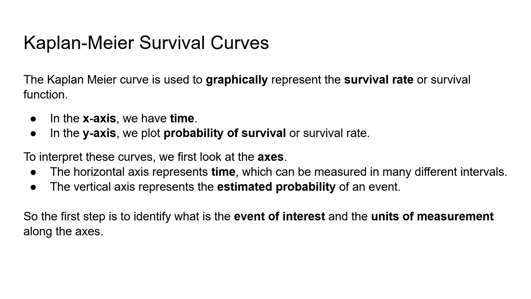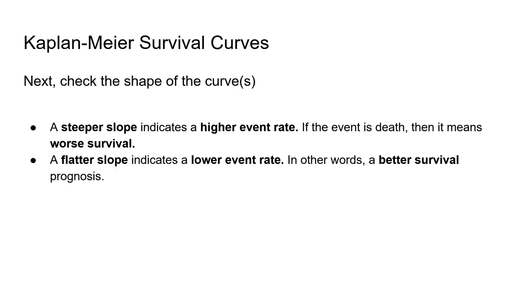So again, Kaplan-Meier survival curves are just used to graphically represent the survival rate or survival function, where the x-axis is typically time and the y-axis is the probability of survival, or survival rate. We can interpret these curves simply by looking at them and starting to get some estimates of probability, or the mean survival time in some cases, right?